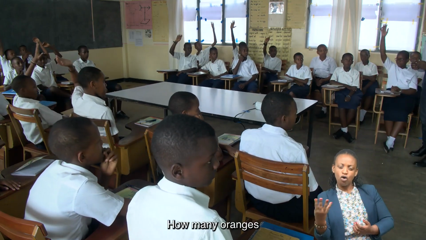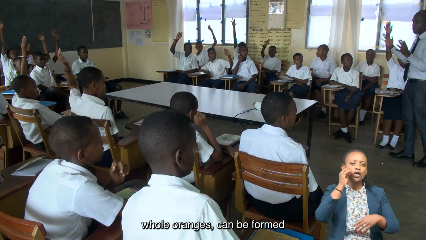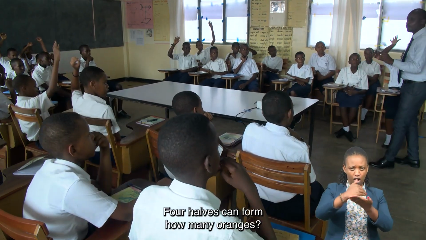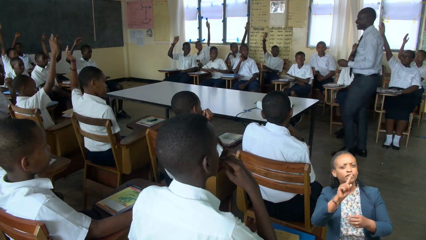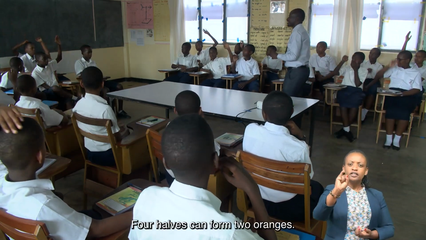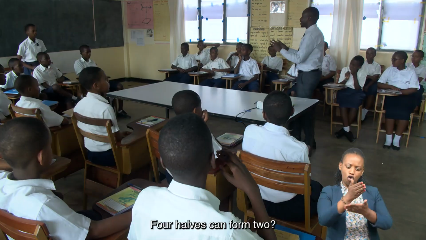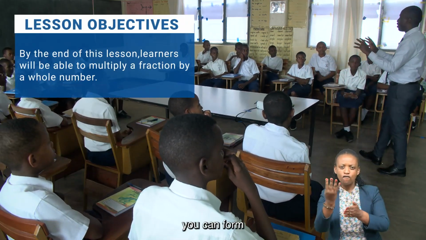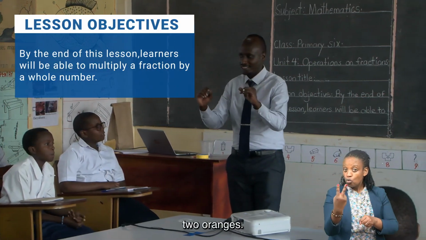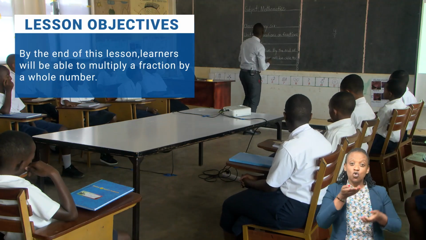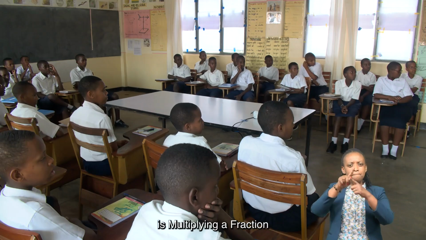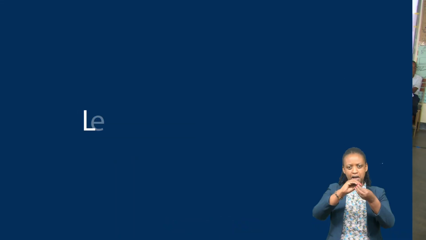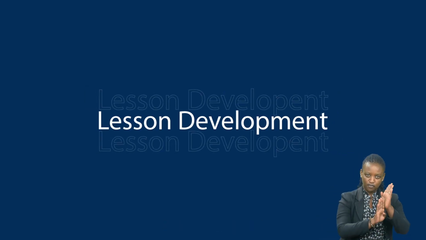How many whole oranges can be formed from 4 halves of an orange? 4 halves can form how many oranges? 4 halves can form 2 oranges. When you arrange 4 halves, you can form 2 oranges. Our lesson of today is multiplying a fraction by a whole number.